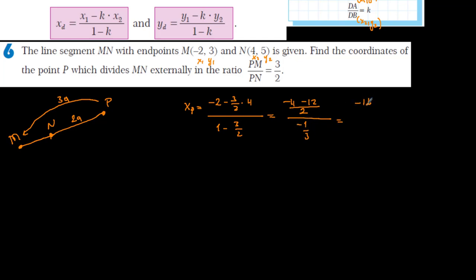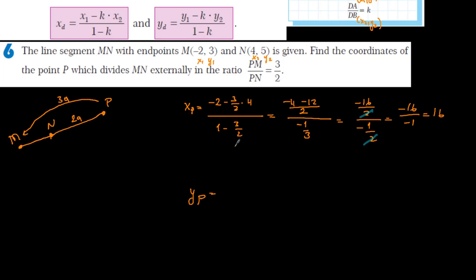This is minus 16 over 2 divided by minus 1 over 2. I said 1 over 2, but I have written 1 over 3. When you simplify the denominators, this 2 here, that is minus 16 over minus 1, that's equal to 16, it should be.